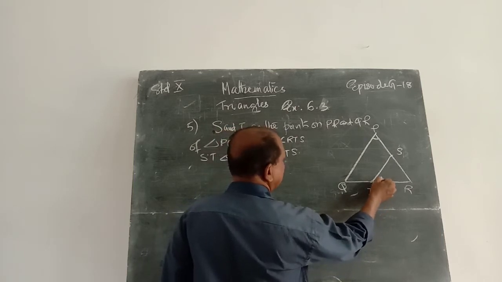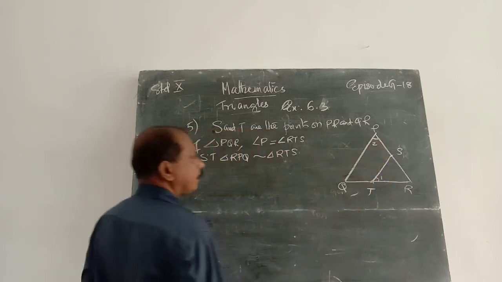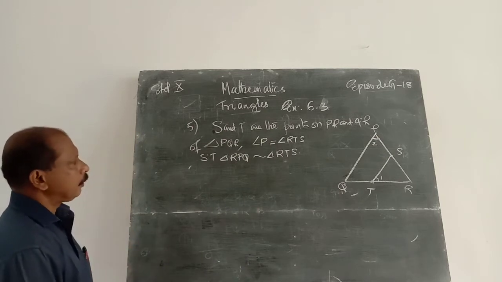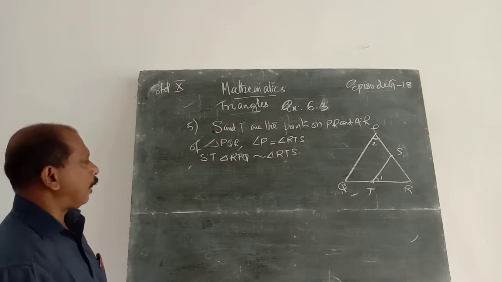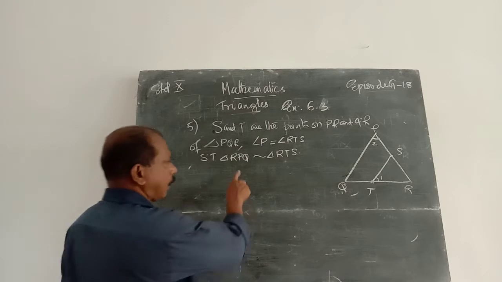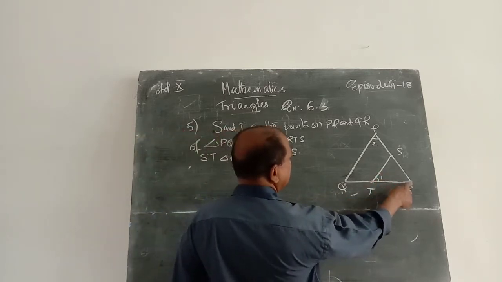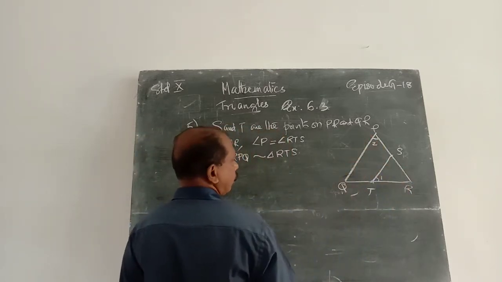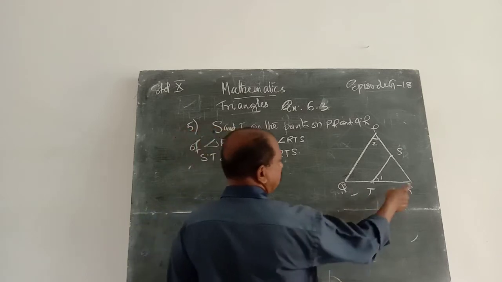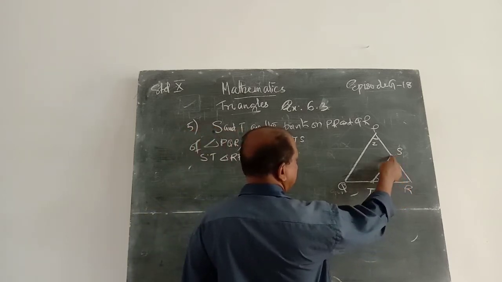These two angles are equal. Prove that triangle RPQ is similar to triangle RTS.